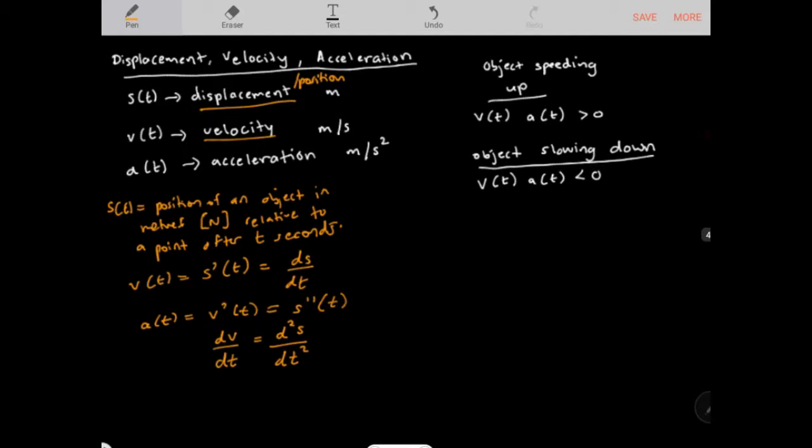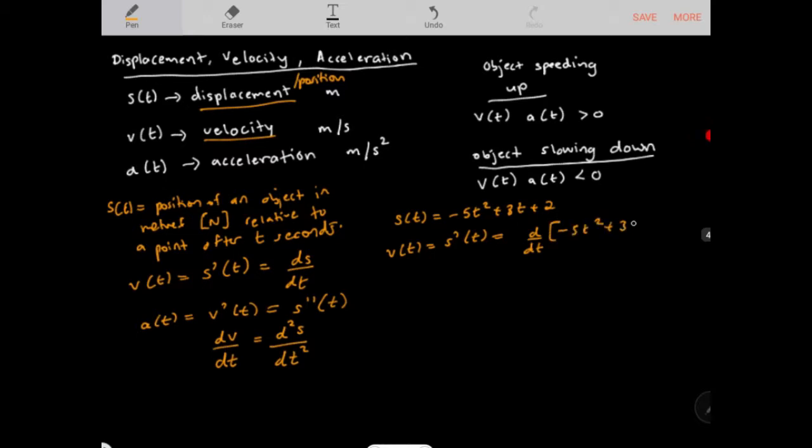Now I'm going to show you an example regarding the position function. We'll look at the first and second derivatives to identify the velocity and acceleration functions. Say an object's position can be modeled by the equation negative 5t squared plus 3t plus 2. The velocity function, v of t, is the first derivative of the position function, and I'm going to employ the power rule as well as the sum and difference rules.